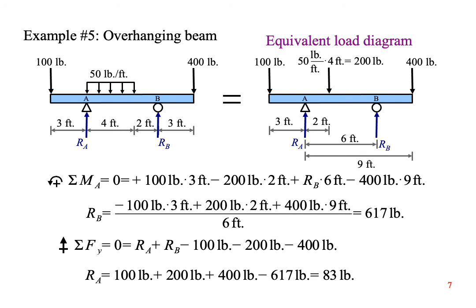Notice that the first term is positive because a 100-pound load creates a positive moment about point A. It wants to rotate counterclockwise, which we call positive. When we solve for r sub b, this term becomes negative. If you miss that in your solution, you will get the wrong answer.